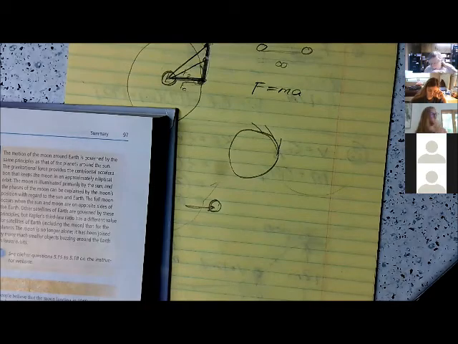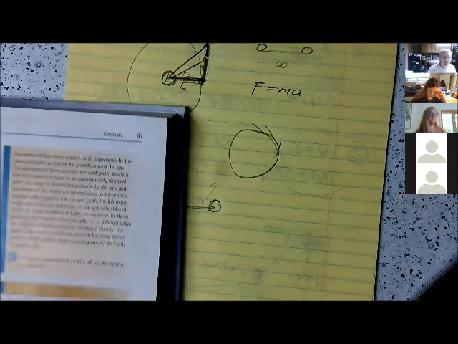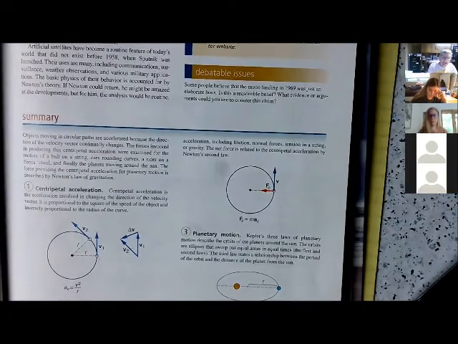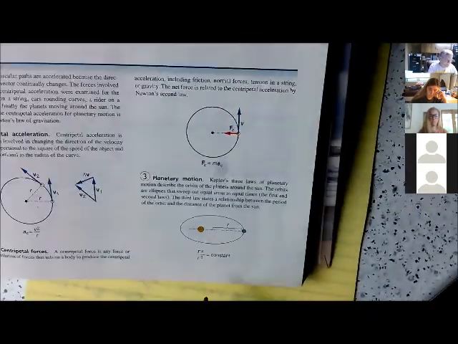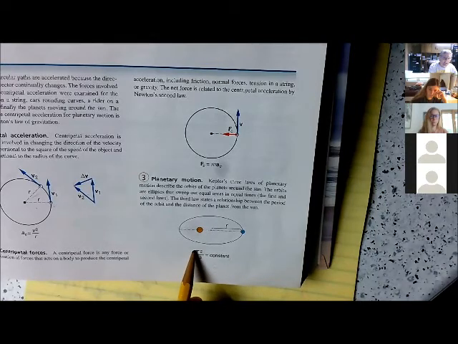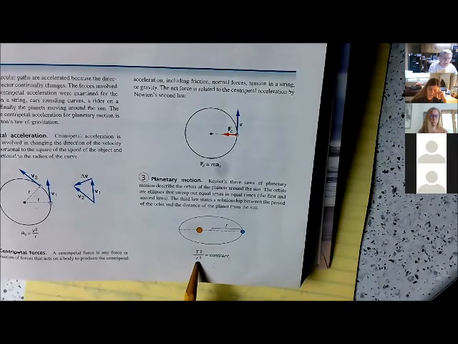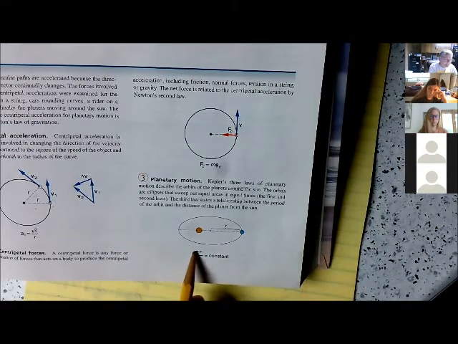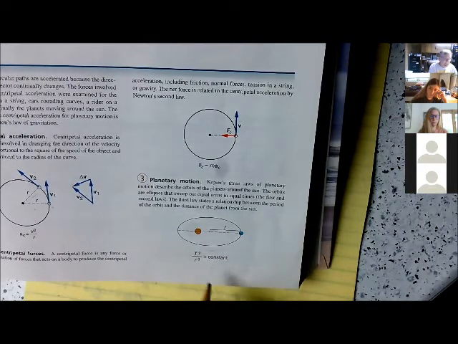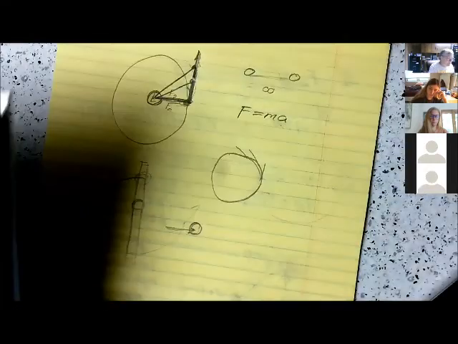The third was the harmonic law, the relationship between how long it takes a planet to go around the sun and its distance, and that's a constant for every planet, and for everything in the universe.